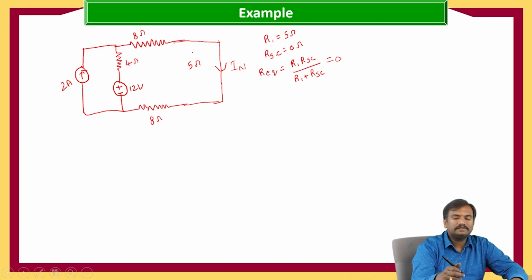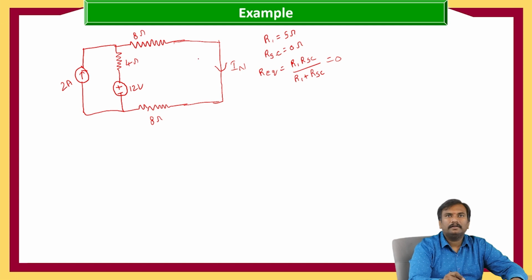This 5 ohms resistance is replaced with a short circuit, and here we are going to calculate the current flowing through this particular short circuit. So here we are going to apply the nodal analysis again.